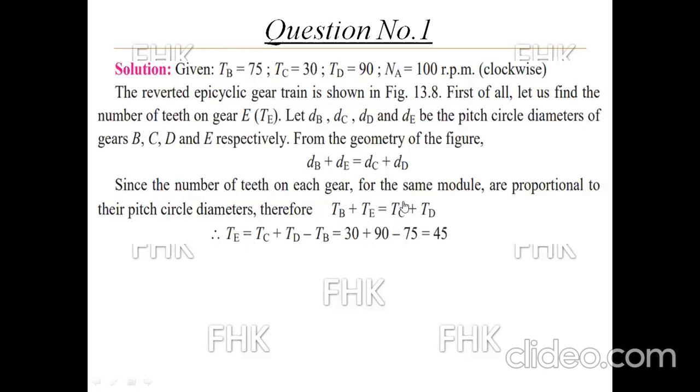So TE is equal to TC, which is 30, plus TD, which is 90, minus TB. TB will move to the right side, so you get minus 75, as TB is given. So the number of teeth on gear E is 45.